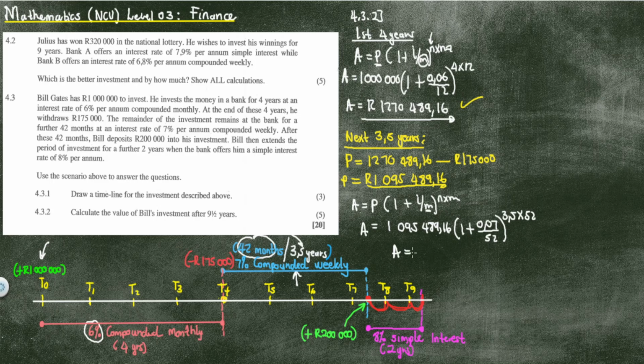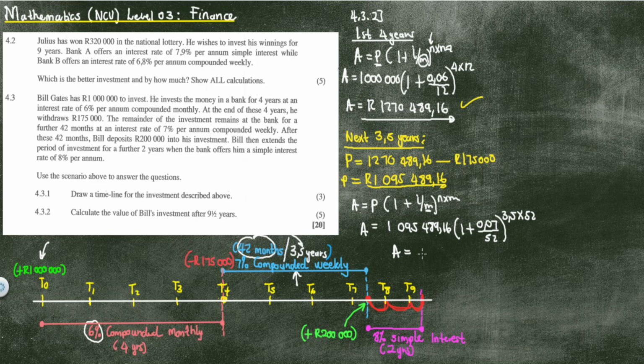Accumulated is equal to 1,095,489.16 (1 plus 0.07 divided by 52) raised to the exponent 3.5 times 52.